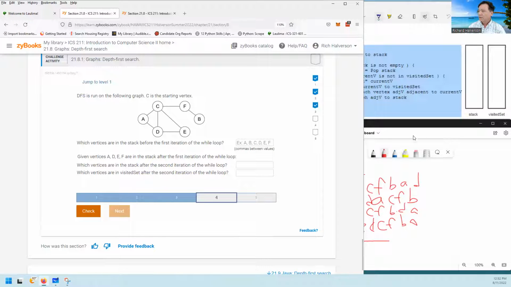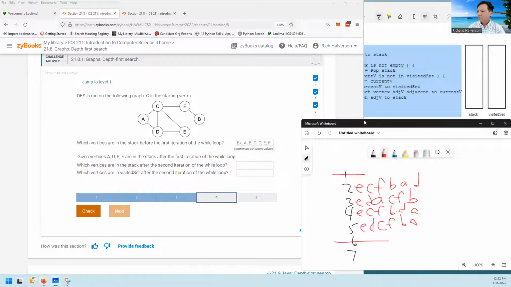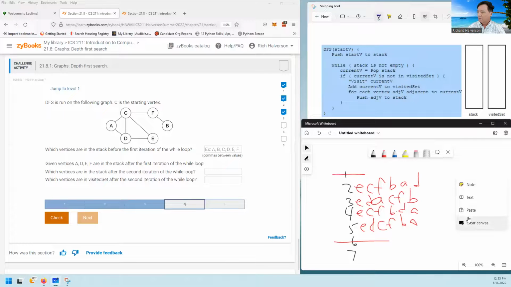Okay, so let's use this diagram I set up here, and let me clear this.